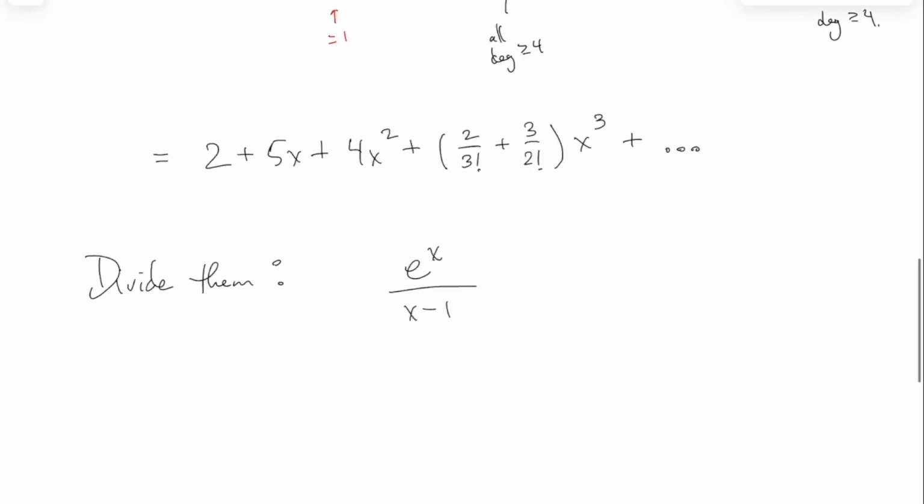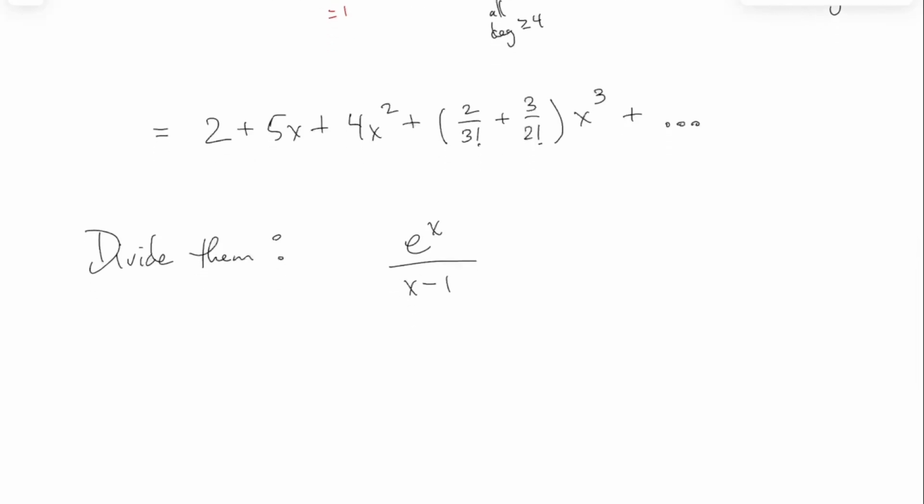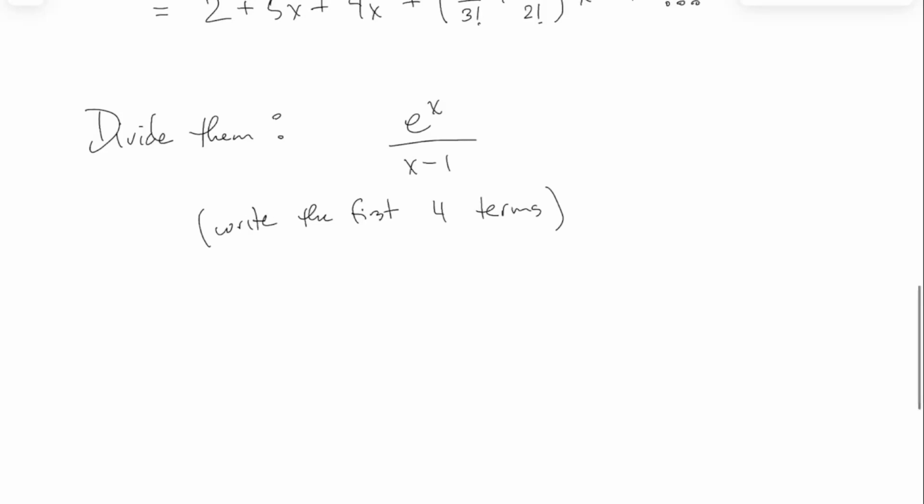I'm going to divide them, and you can really do this just like in one step. Again, I'm going to write the first 4 terms. So we are going to do a long division here. I begin with e to the x. It's really this, right?